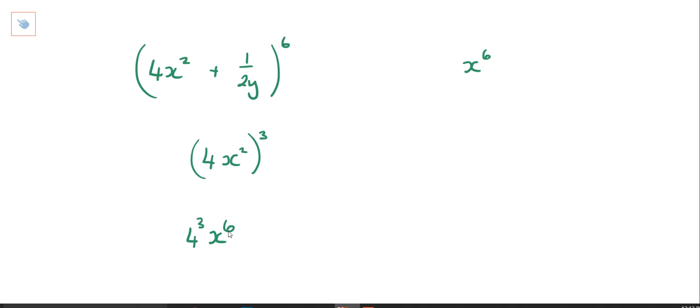Now I just need to figure out the other parts. So it will be multiplied by 1 over 2y to the power of 3. How do I know that bit? Because this power and this power have to add up to that power. What will be in the front? 6 and 3.